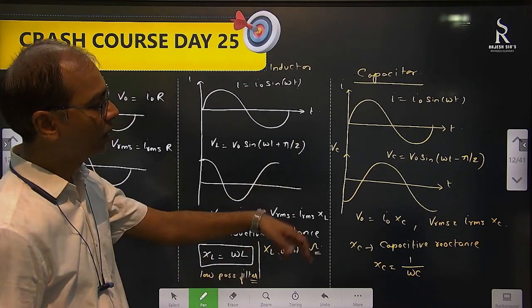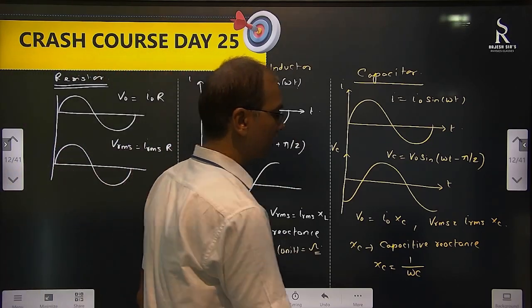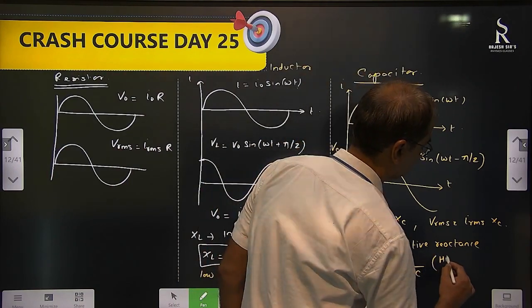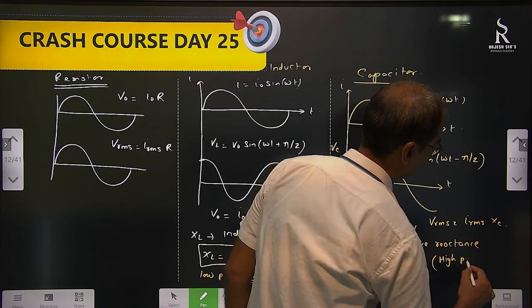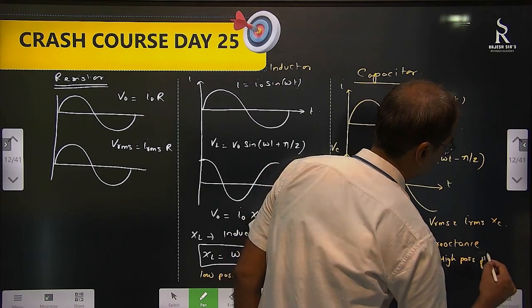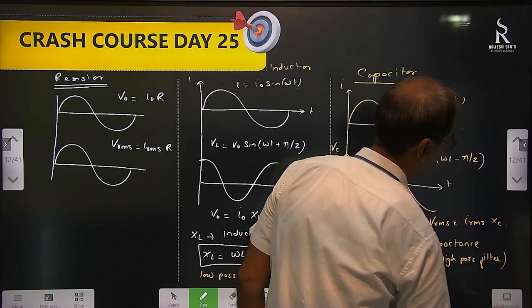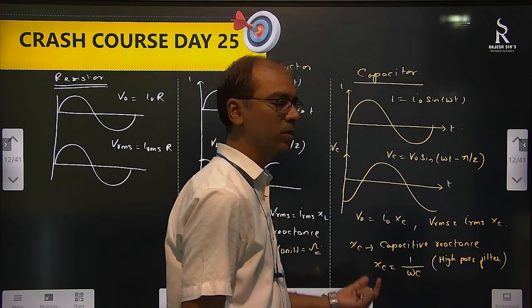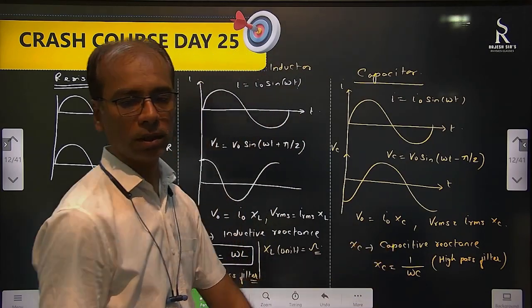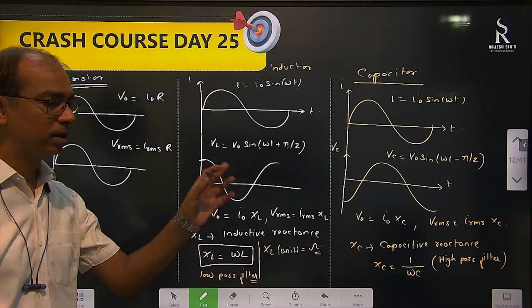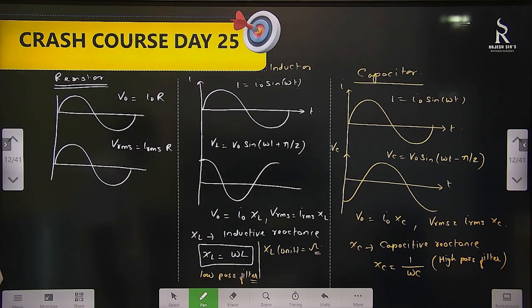Whereas the capacitor is called a high pass filter. It allows the current when the frequency is more, because when frequency is more, its resistance becomes less, so it allows the current. So this is a low pass filter and this is a high pass filter.